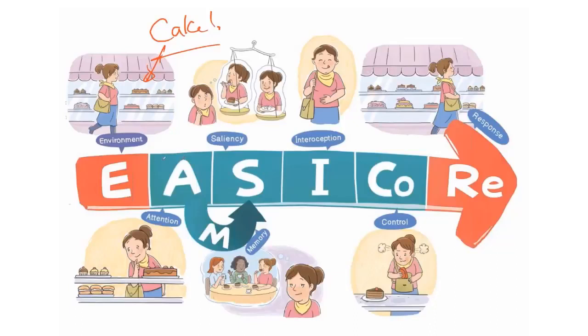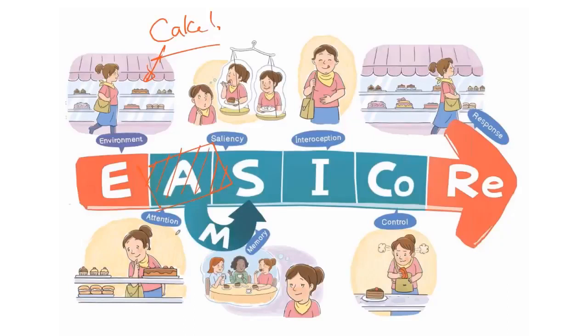But in reality, it seems that attention is a really critical part of the process because it is something like a gate. If the gate of attention is open, if you are attending to a stimulus, then you definitely would have memory, saliency processing, interoception, and then you need to use your control to be able to change the response.